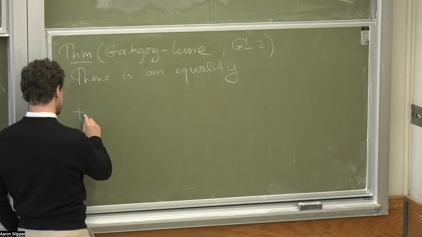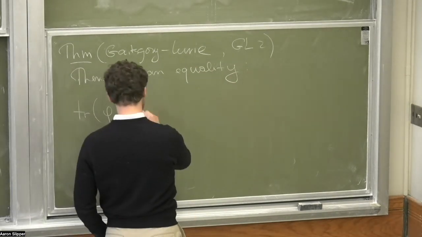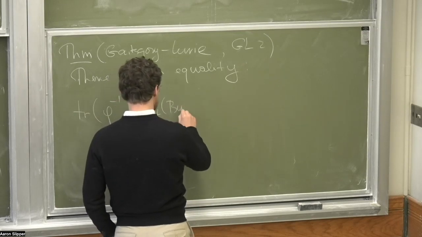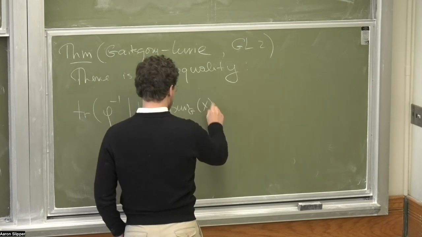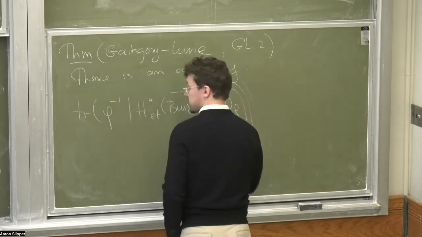So on one hand, you compute the trace of geometric Frobenius on the étale homology of Bun_G(X bar) with field coefficients, right?